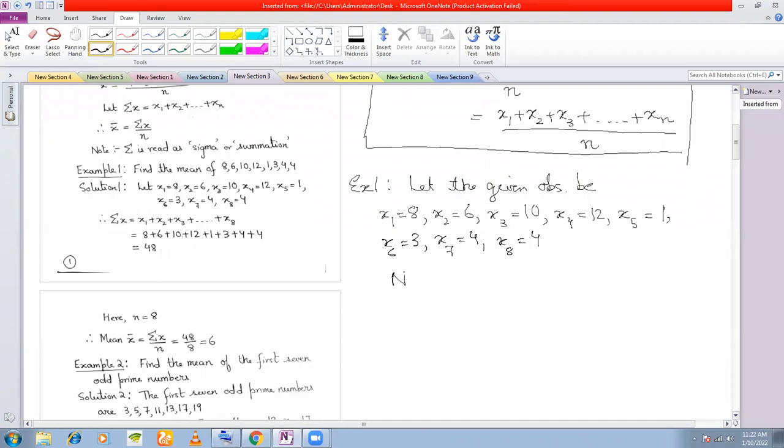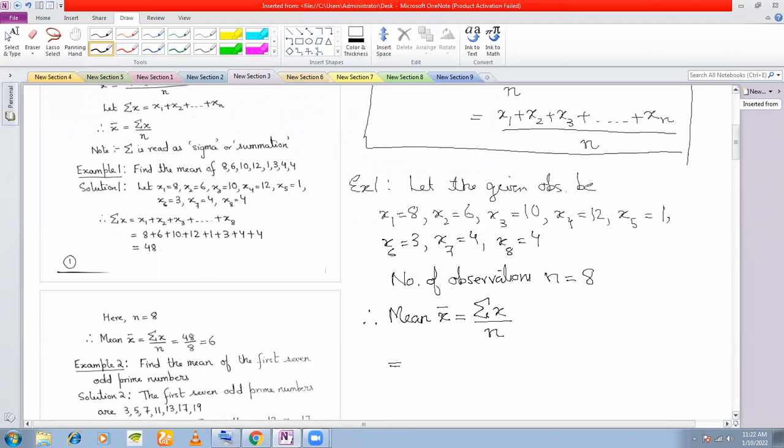So how many observations? There are 8 observations, right? 8 numbers are given to you. Therefore the mean of these observations, x bar, the formula is summation x divided by n.